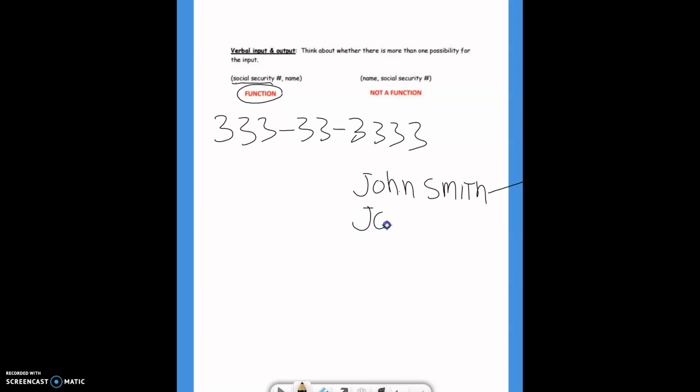Because we all know everybody. Most of us, if you ever Google your name, don't you see that there are many people with your name? Unless you have a unique name, of course. Okay? But something like John Smith may have two separate numbers, so it repeats. So that's why it's not a function. Okay? So that is the beginning of our lesson on functions.